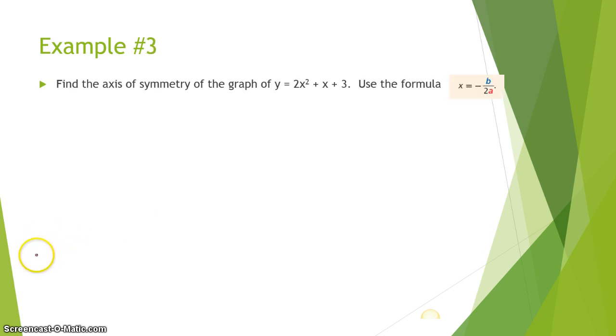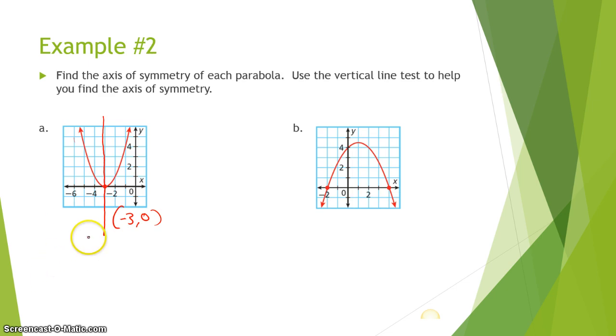So my axis of symmetry is going to be -3, because I can draw my vertical line going straight down the middle of my parabola.